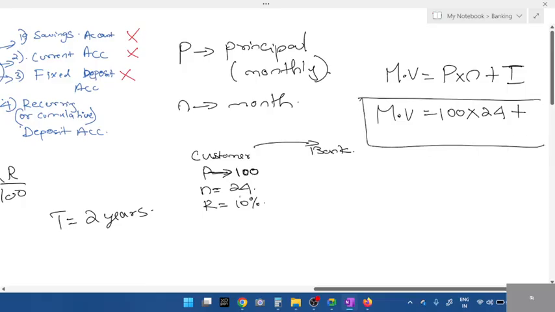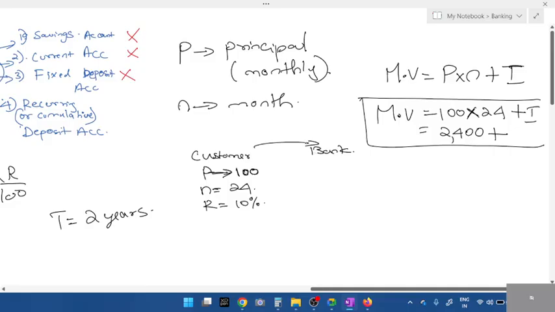Okay. So for example, if you are going to invest rupees 100 every month for 24 months, how much have you invested? What's the total amount? 100 into 24 is 2400, right? It comes up to 2400 plus the interest, students. Because every month you have deposited and the bank has made use of your money.